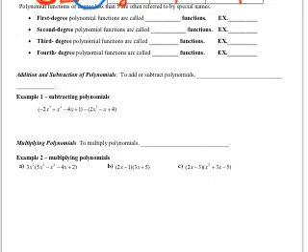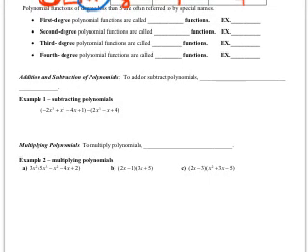Okay. First degree polynomials are called linear functions. So, for example, 5x plus 1. If you were to graph that, you would be graphing a line.